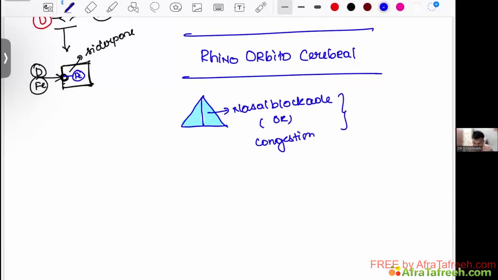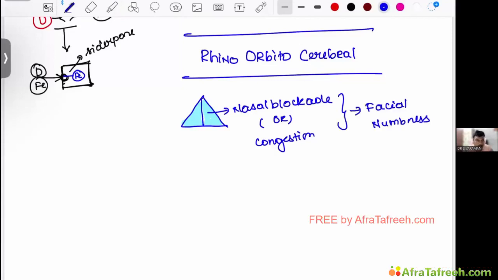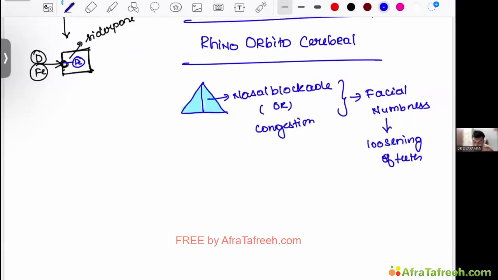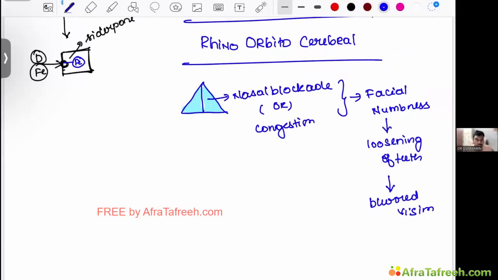Slowly the patient will have loosening of teeth, followed by entry into the orbital vessels, causing blurred vision. That is how you will suspect the patient is going into mucormycosis.